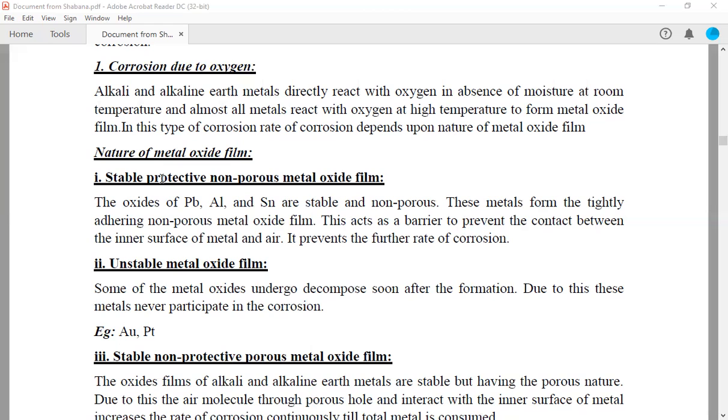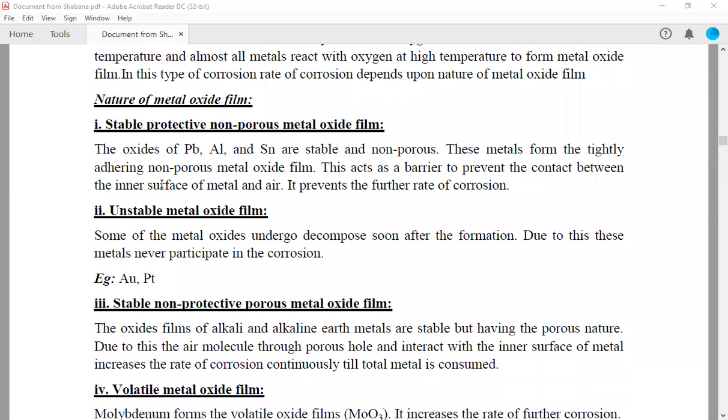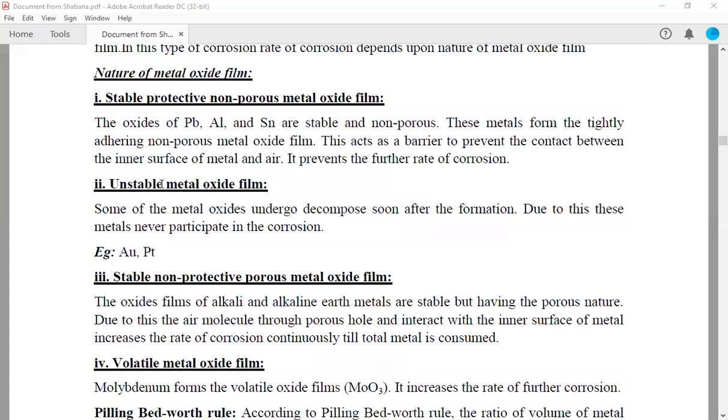The nature of the metal oxide film is again classified into four types. They are a stable, protective, non-porous metal oxide film; second, an unstable metal oxide film; third, a stable, non-protective, porous metal oxide film; and the last but not the least, a volatile metal oxide film.